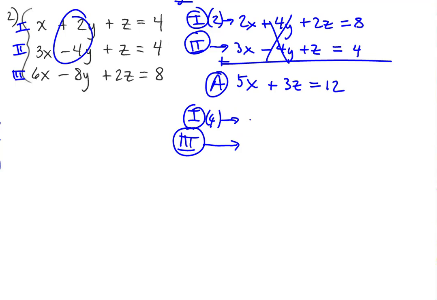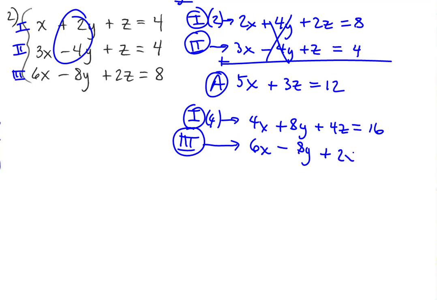Okay, so multiplying equation 1 by 4 will give us 4x plus 8y plus 4z equals 16. Equation 3 we're just going to drag over here because it already has the minus 8y we're going to use to eliminate the y's there.